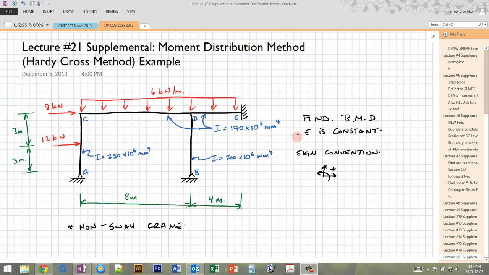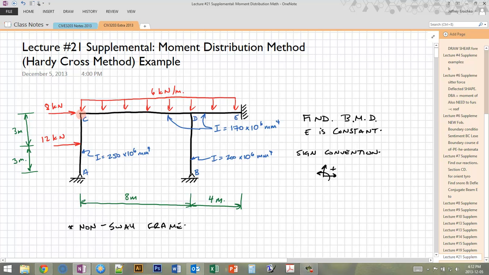And by doing this for all of the members in succession, usually more than once for each member, until we get smaller and smaller carryover moments, then we get the actual total exact moments at the ends of all the members.